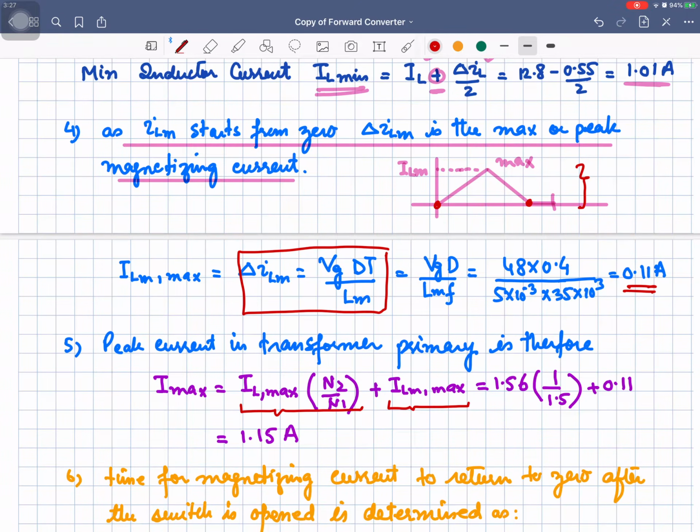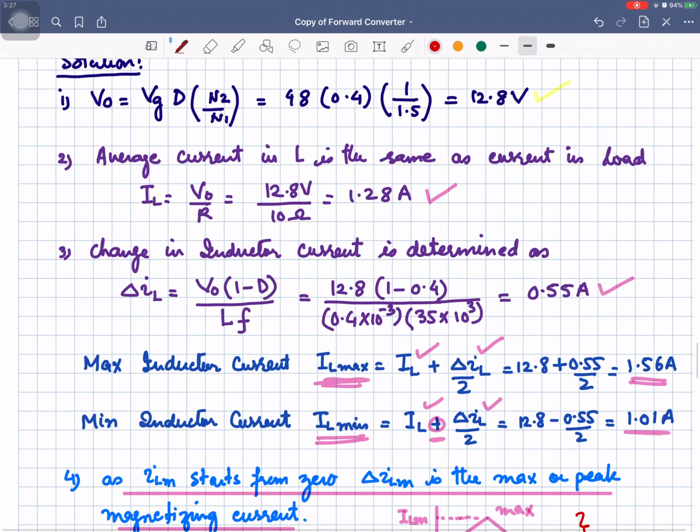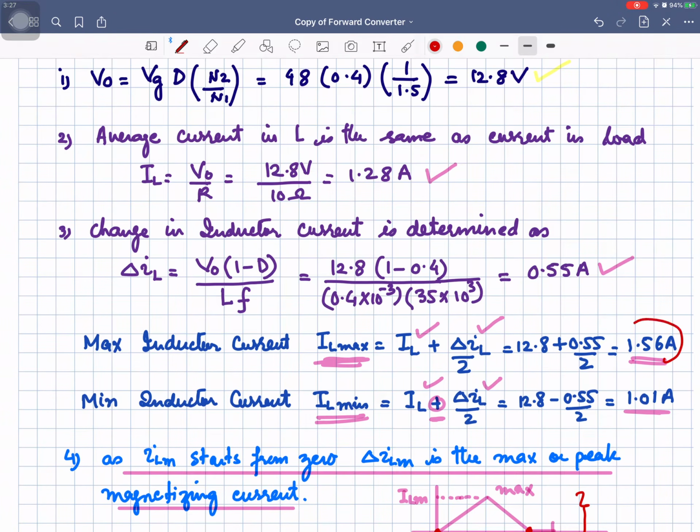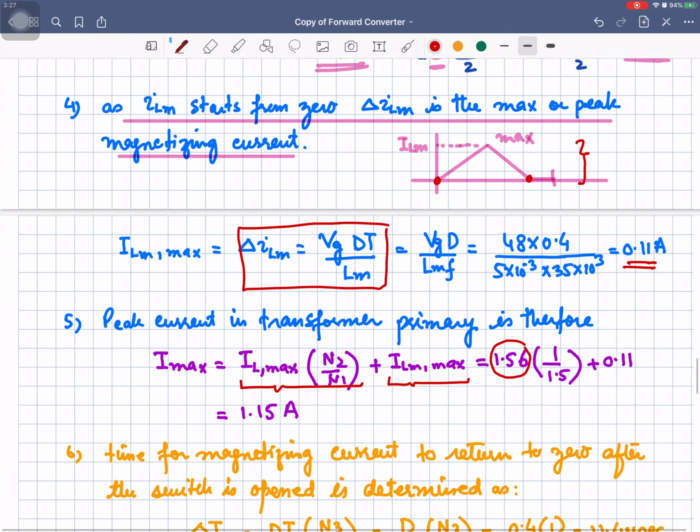We have calculated both of them: 1.56, that is this one, the maximum inductor current referred back to the primary side with this turn ratio, and the maximum magnetizing current, that is 0.11. So the total current is 1.15 ampere, that will be the maximum current in your primary winding.